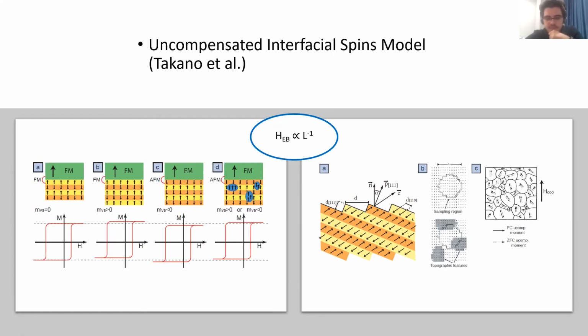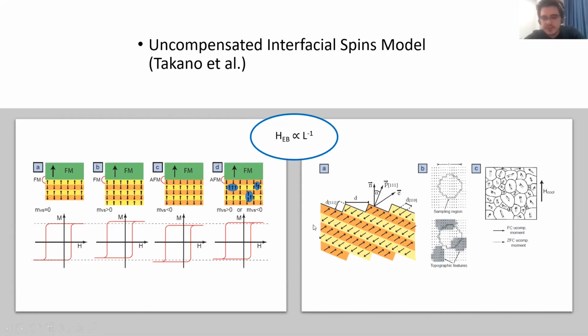Even if we think we have a fully compensated surface, we may have some grain-boundary grains which have net uncompensated spins in them. So even if we think that we have a compensated surface, we may have shifts in our samples. This is also found and explained by Dr. Takano and his collaborators.